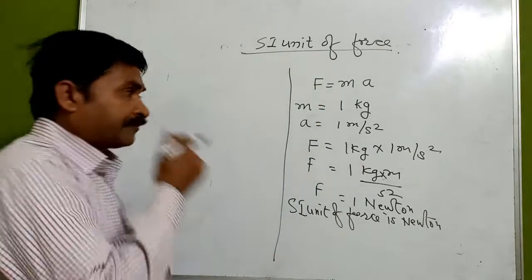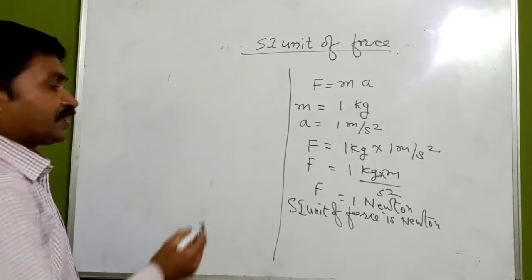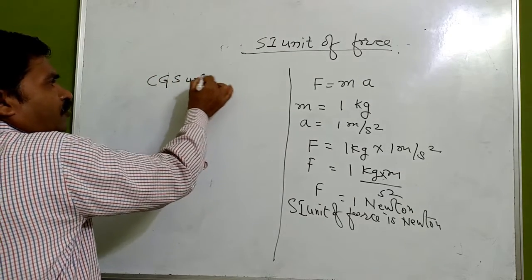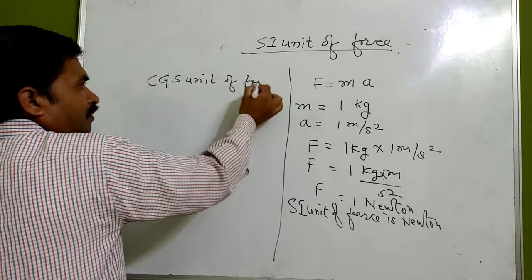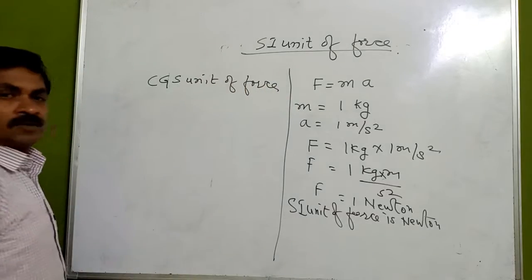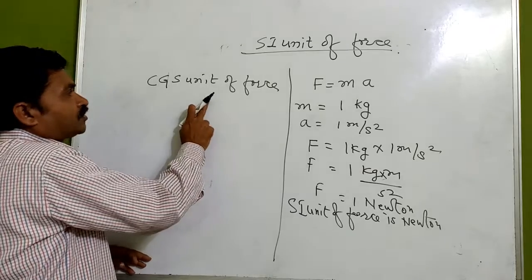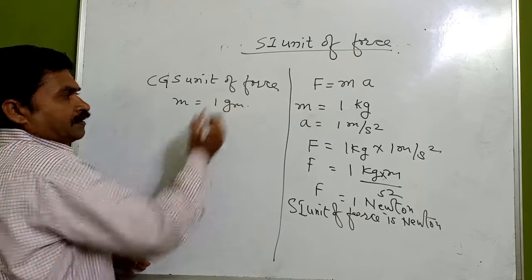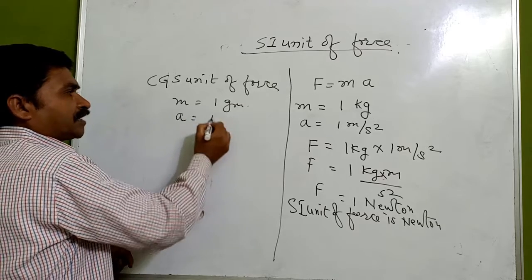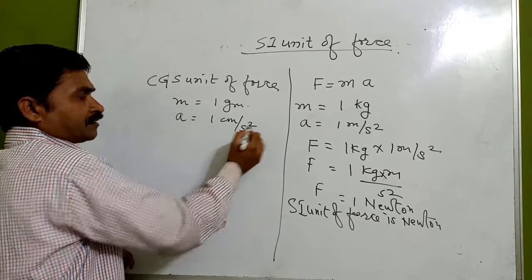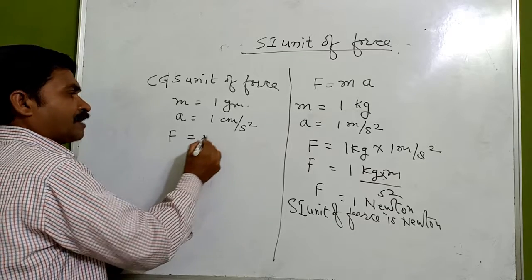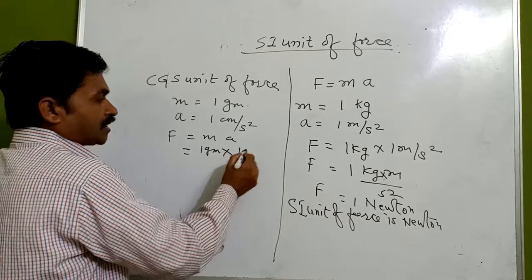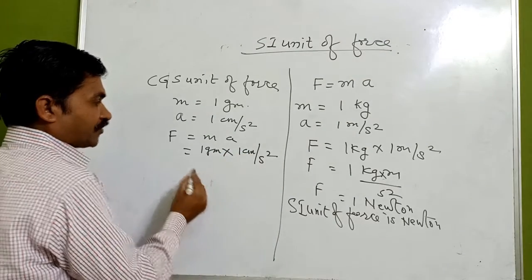Okay. Now, if we go through the CGS unit of force, CGS unit of force means mass, if we are taking 1 gram, acceleration we are taking 1 centimeter per second square. So force will be given by mass into acceleration, means 1 gram into 1 centimeter per second square.